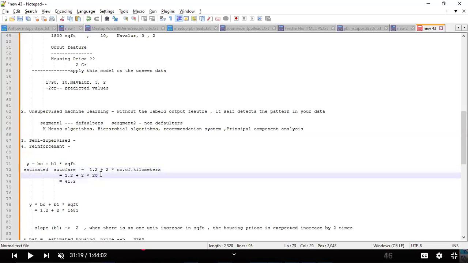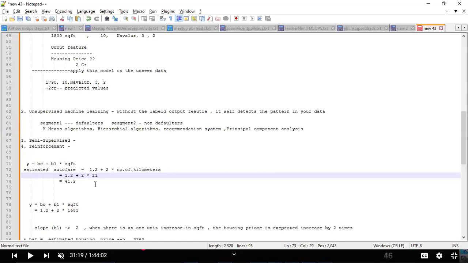If I increase by 1 unit in the kilometer, instead of 20, I'm going to increase it to 21. So when you increase 1 unit in the kilometer, your estimated auto fare will increase by 2 times. That is what the slope tells us.